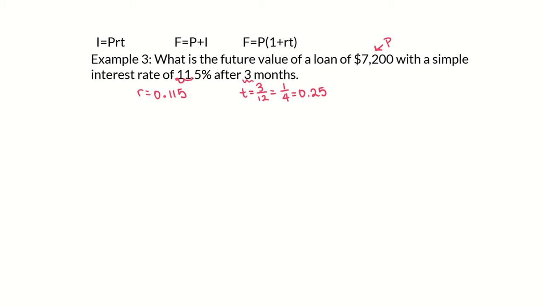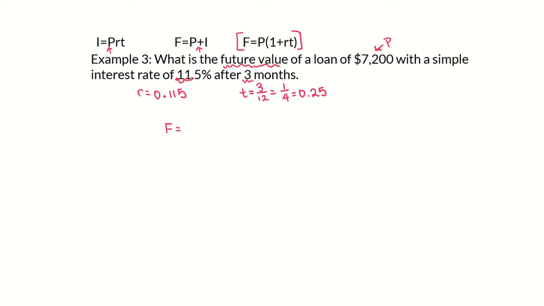So now we want the future value of the loan. That means we're looking for F in one of these formulas. We could either find the interest using this formula and then add the interest to the principal, or we can do it all in one step with this formula, F equals P times 1 plus RT. So let's use that.